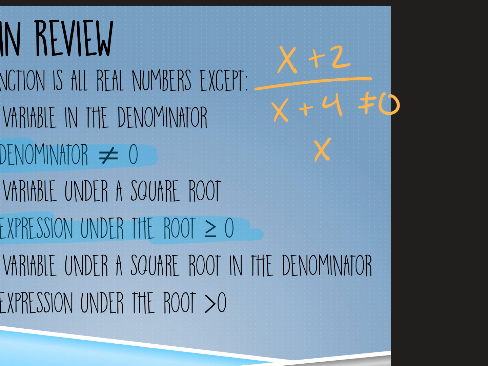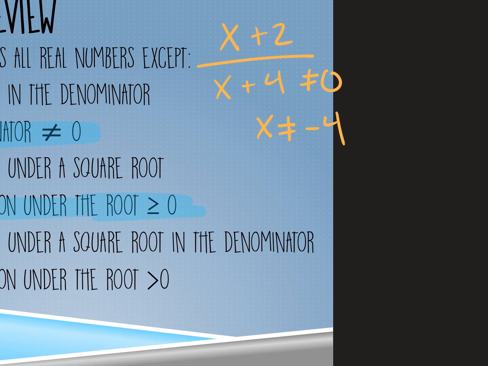So that would mean x does not equal -4. But we know for our domain, we have to write it in interval notation. So how would I write this as an interval? -infinity to -4. -4 is not included because we said x cannot be -4, so we put a parenthesis. Then a union, -4 to infinity. Awesome.